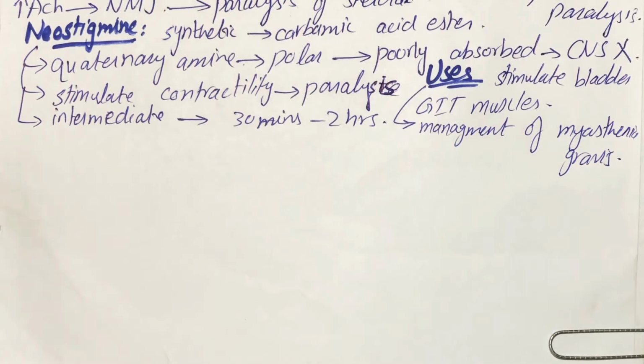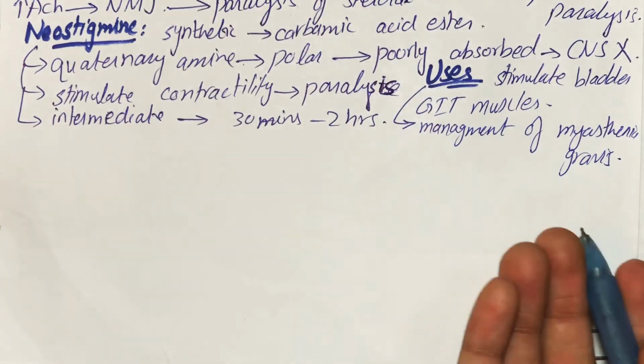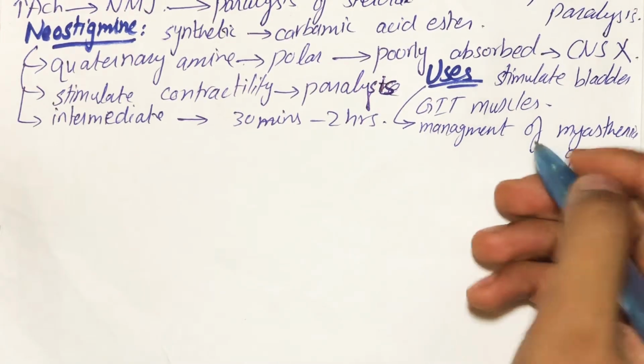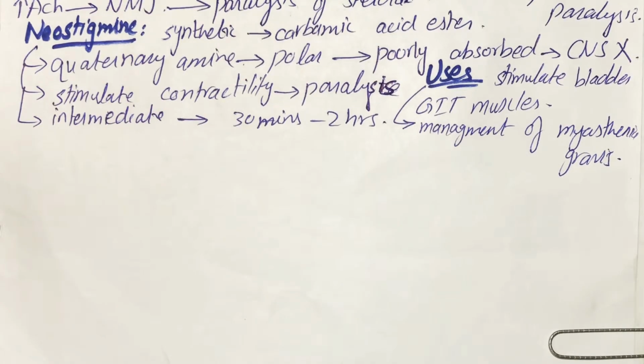So when we give agents like Neostigmine, it causes an increase of the acetylcholine present at that position, and in this way there is an increase of the response of nicotinic receptors, because more of the agonists will bind to the receptor and they will show their cellular responses. So in this way it is used for the management of Myasthenia Gravis.